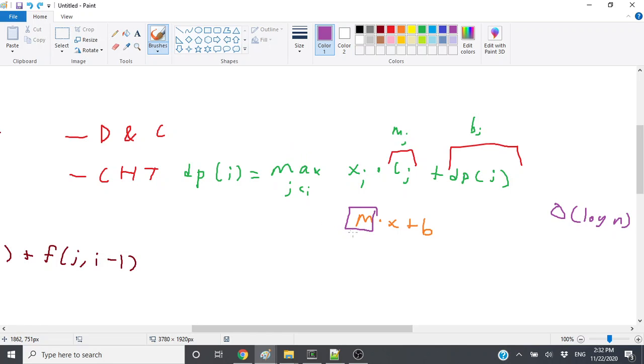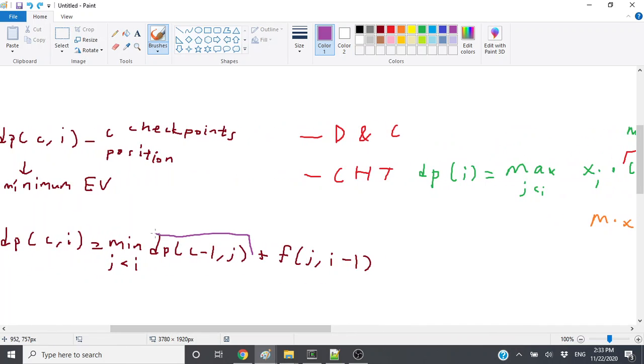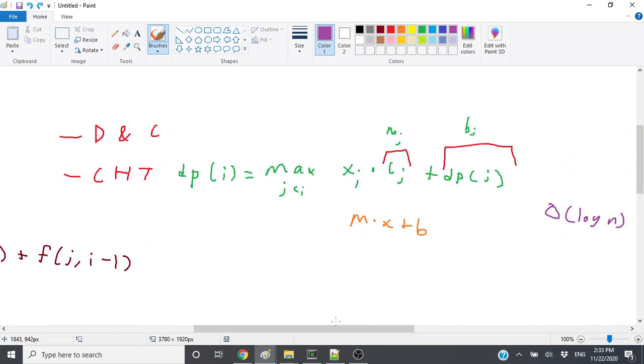It can't depend on i, because then we don't have a line. We have some weird function, and this similarly also has to only depend on j. But this depends on both j and i. The C by itself doesn't really matter, because no matter what, C minus 1 is constant, so we can think of it as optimizing a 1D dp. Almost.